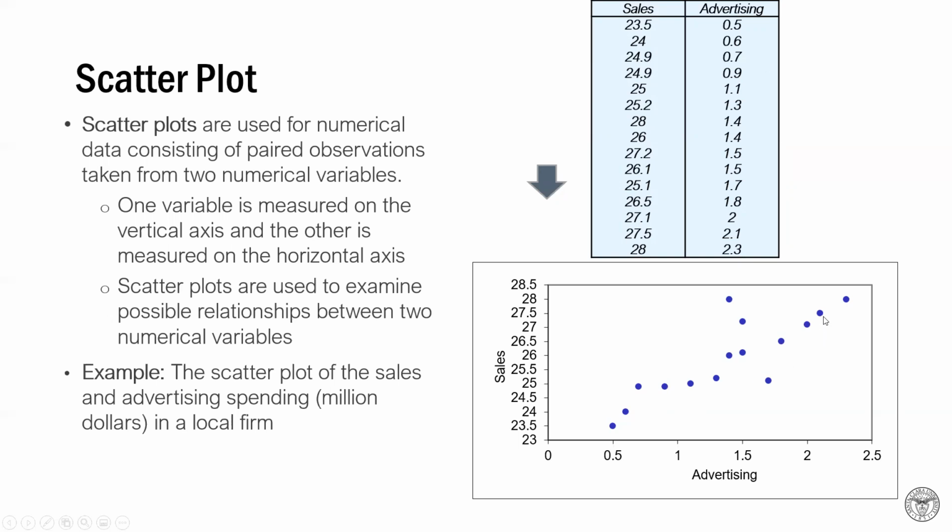As you can see in this plot, there is a pattern of linear relationship out there. Although it's not perfect, we do know that sales and advertising are correlated based on what we have in the data set.